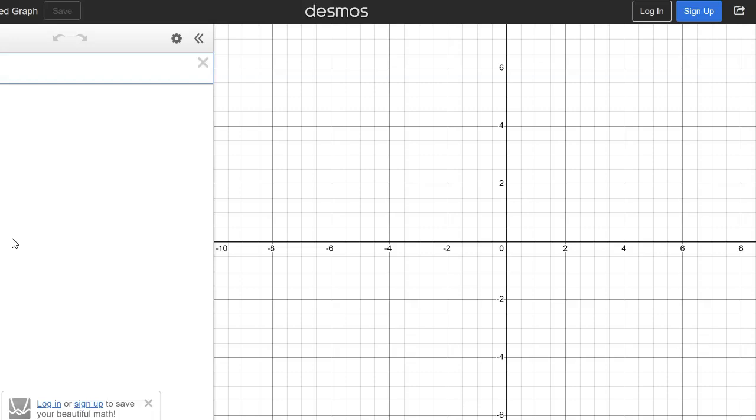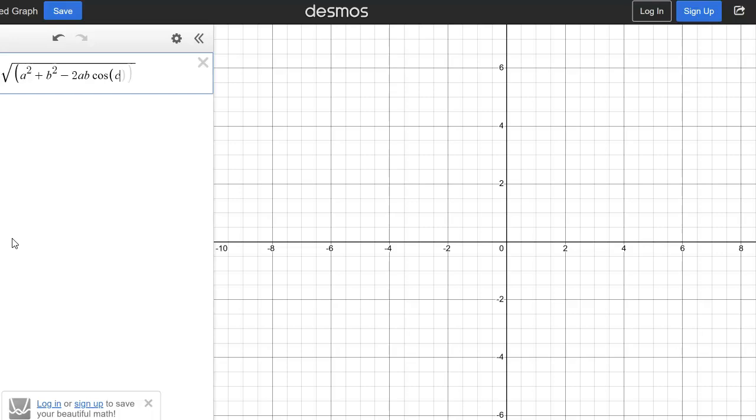All right. So I'm going to say, C equals the square root of A squared plus B squared minus 2AB cosine C. Don't need parentheses.